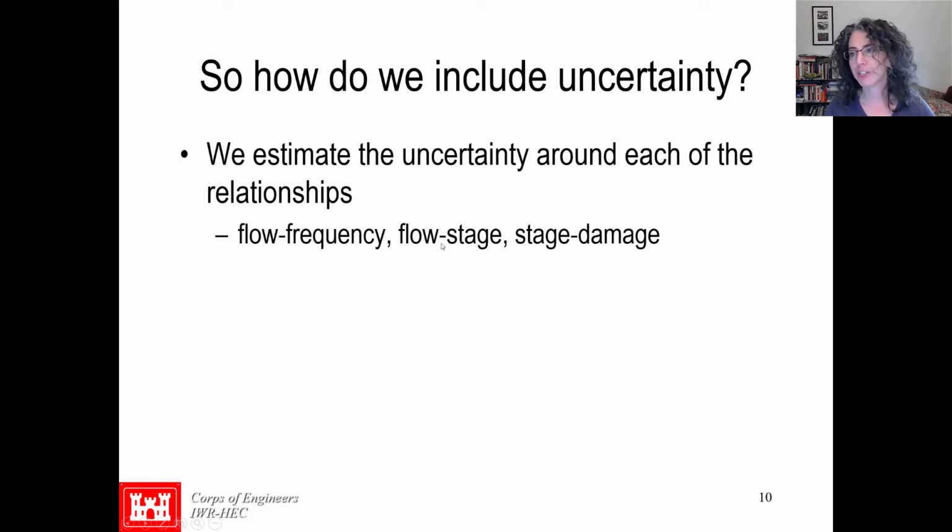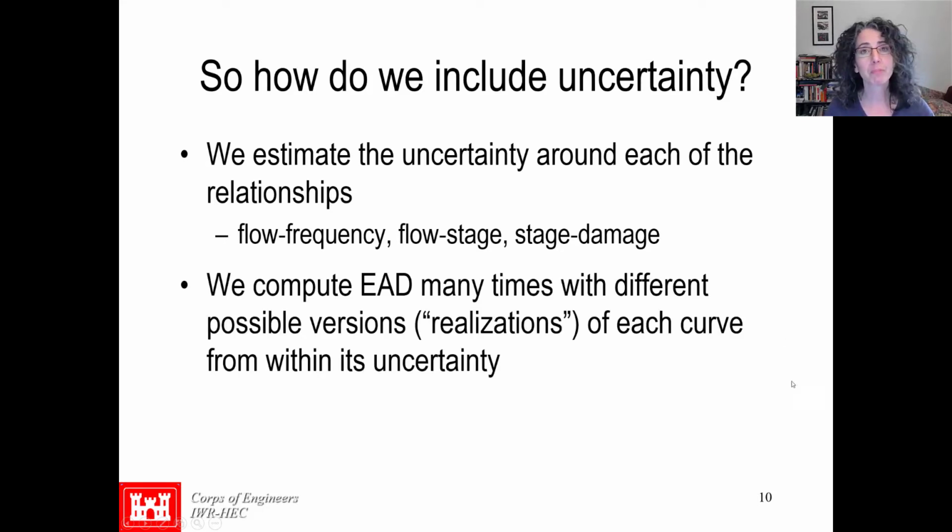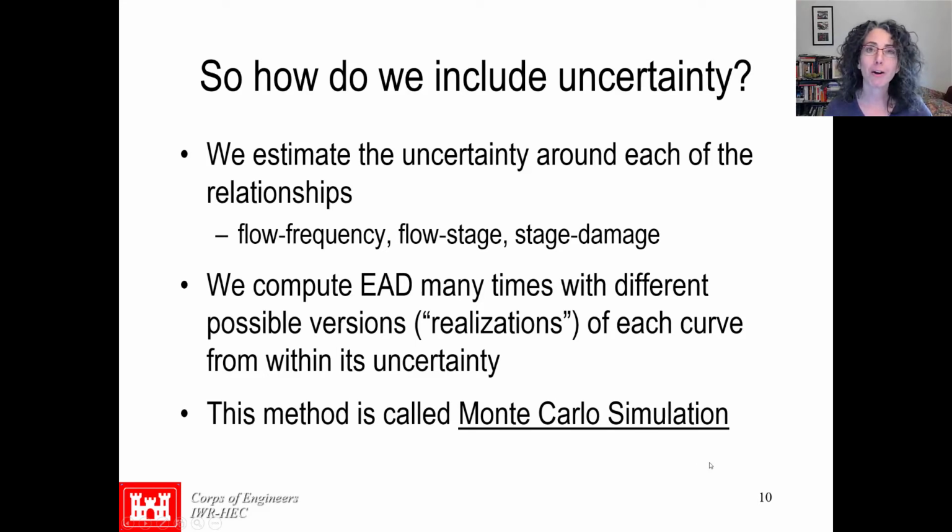One lecture for each of the summary relationships that talks about how we define the uncertainty around each of them. Right? Once we have that uncertainty defined, we're going to compute the expected annual damage many times with different possible versions or realizations of each of the curves from within its uncertainty. Right? This method is called Monte Carlo simulation, and that's what we're going to talk about next.